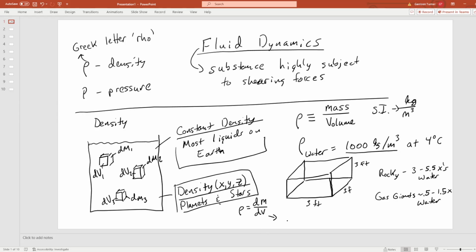This gives me a way to calculate the mass of each individual volume element, dm = rho dV. And if I know the shape, in this case these are squares, then dV for squares would be dx dy dz.